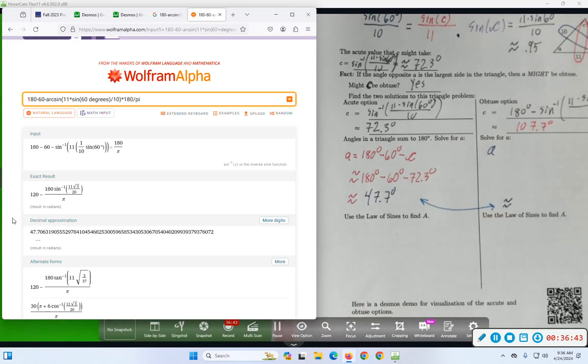And I'll point something out about that when you get it. I didn't work it out, so I could say that wrong. 12.3. I hear 12.3 degrees. Do I hear a second? All right.